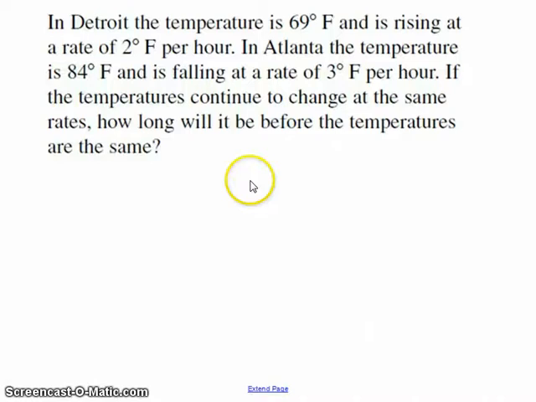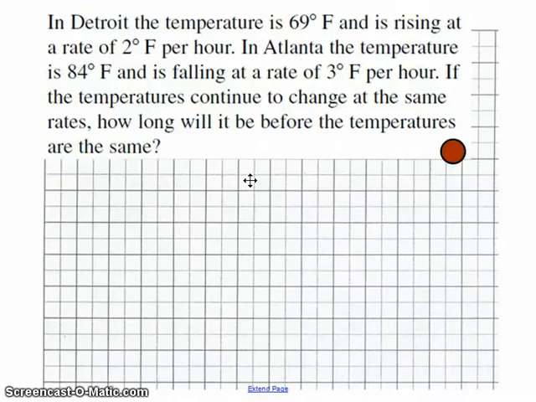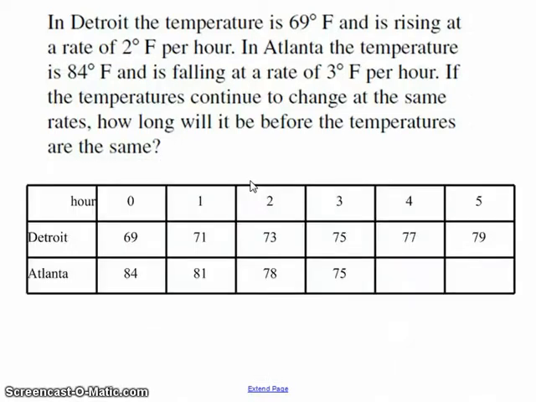Okay, I'm going to assume that you paused, you worked as far as you could, and you've come back to see what I ended up with. Well, first of all, here's the table that I created. In hour, instead of year this time, in hour 0, Detroit's temperature was 69 and Atlanta's was 84.